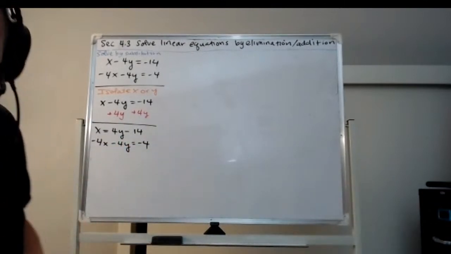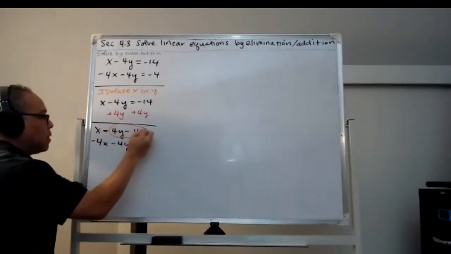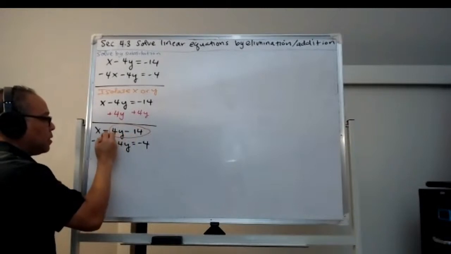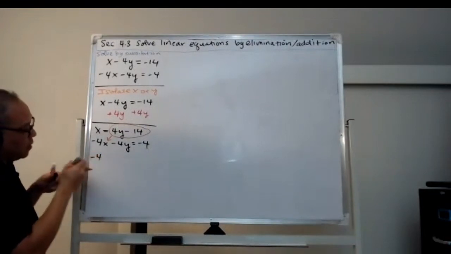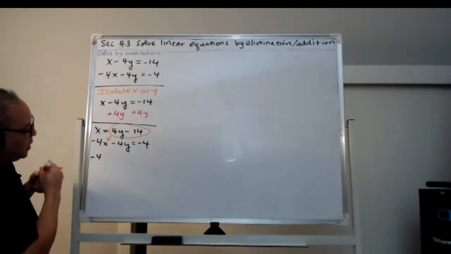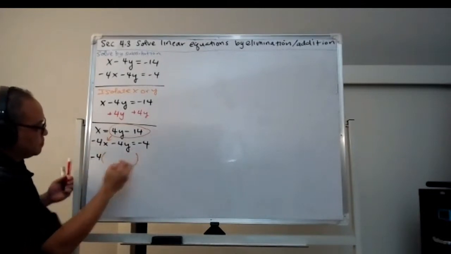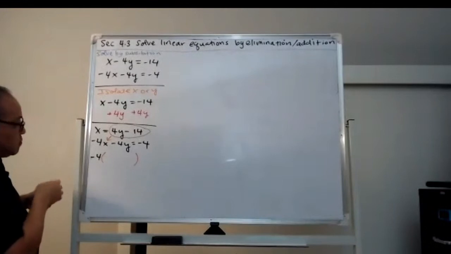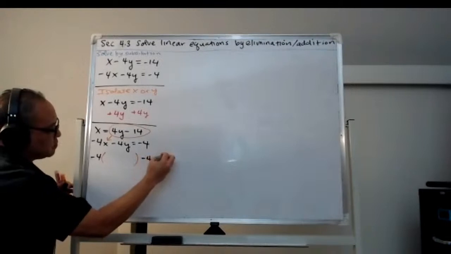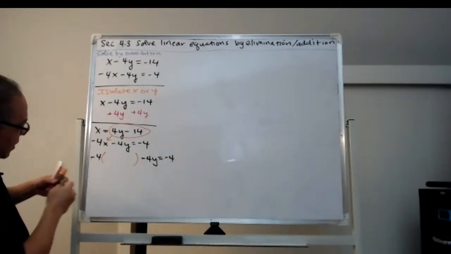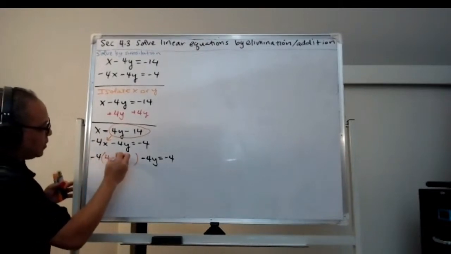So we would take this value here and put it in here, and I would get minus 4. And anywhere there was a variable, I would put a parenthesis. And then we would put this in here. You would get 4y minus 14.